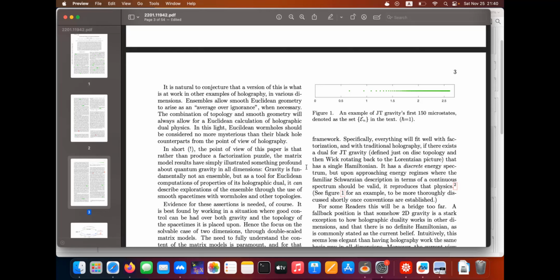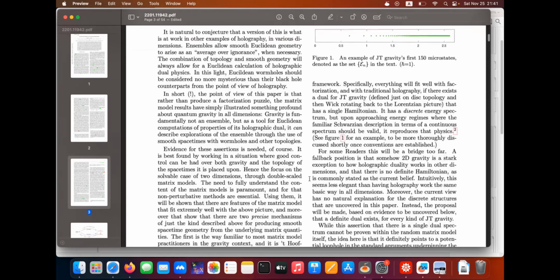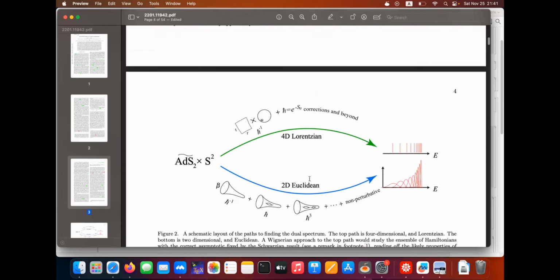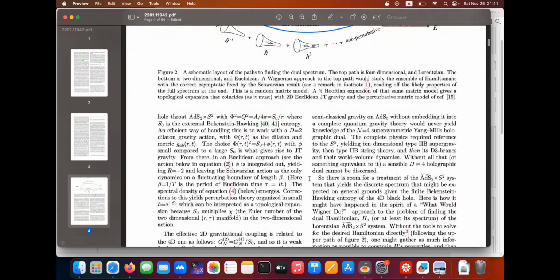This quantum system has discrete eigenvalues, but we need to average over the ensemble. So actually we get many smooth curves. We sum over all the curves, then we get the total density distribution.